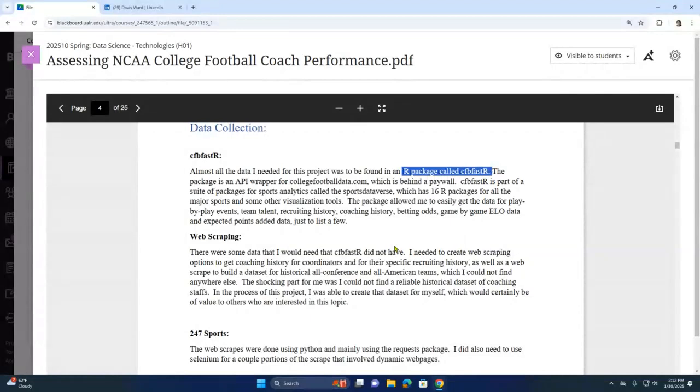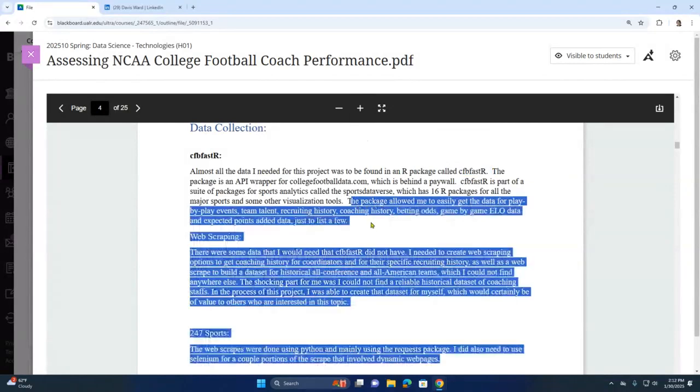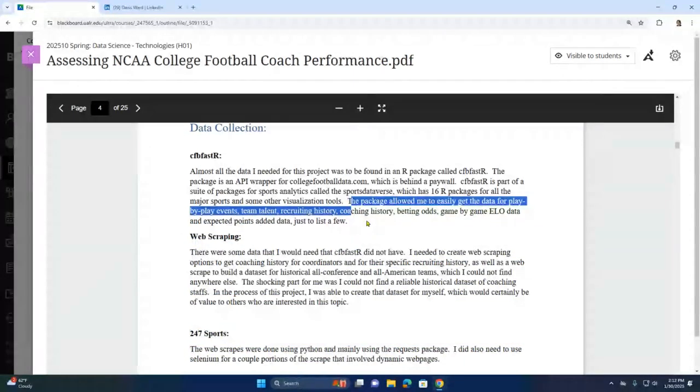This one is a package where you can get all sorts of information from collegefootballdata.com. This package allowed him to get a lot of data for things like play-by-play events, team talent ratings, recruiting history, coaching history, betting odds, game-by-game ELO data, and expected points added data, just to list a few.